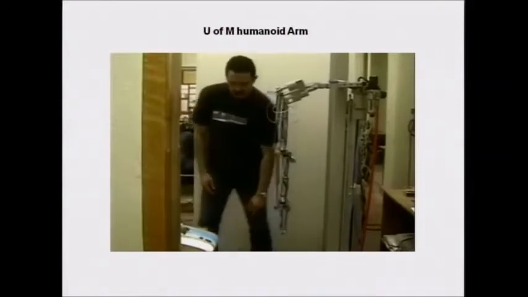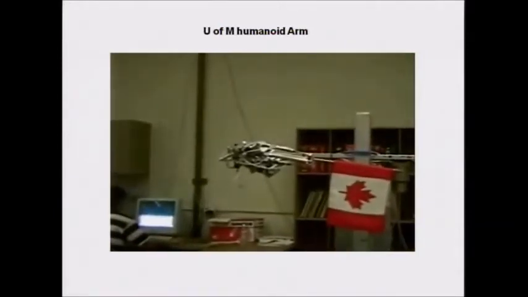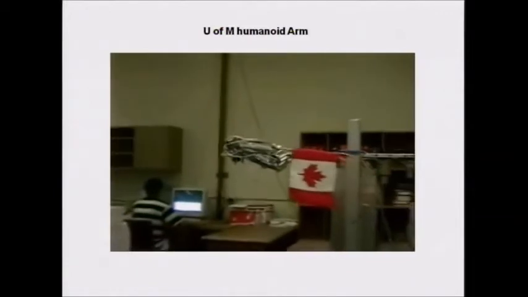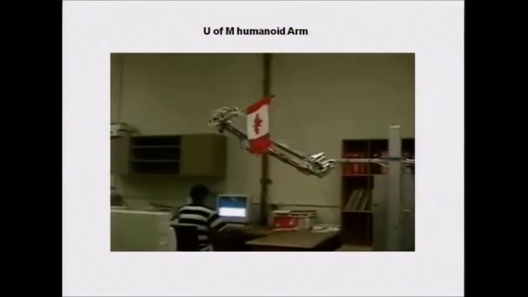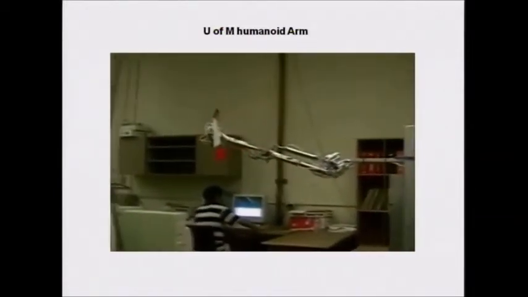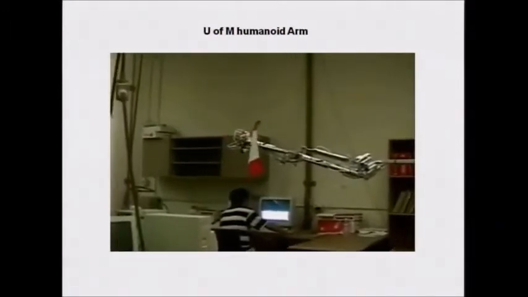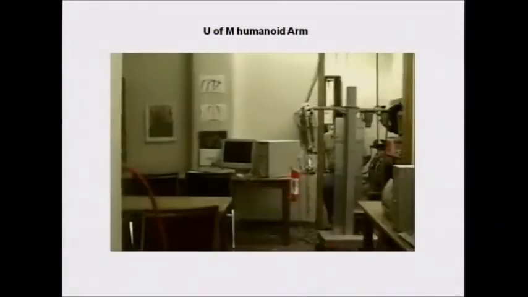The arm actually has 7 degrees of freedom, and here we are showing the dexterity, the manipulability of this robotic arm. As opposed to other researchers, this robot arm is pneumatically actuated. And pneumatic, as I said, is quite clean, so can be used in hospitals as well.